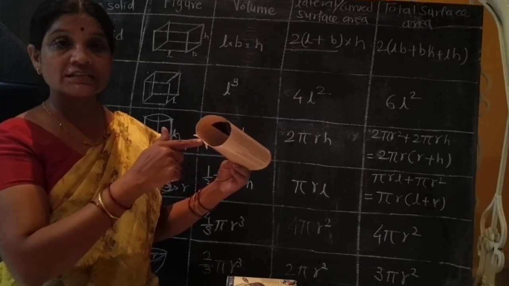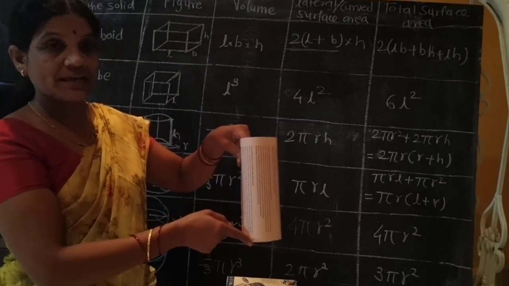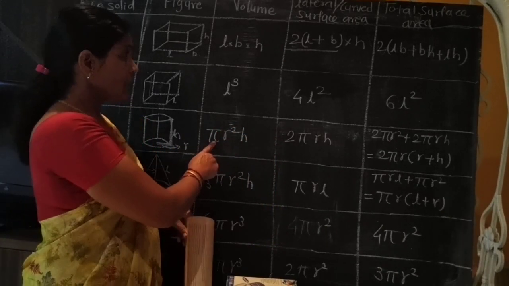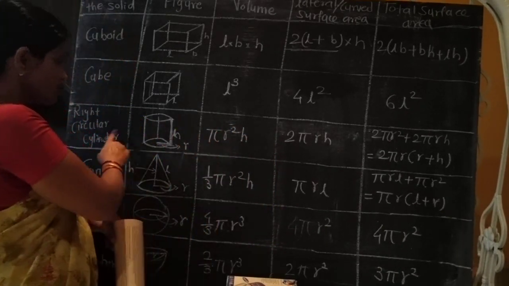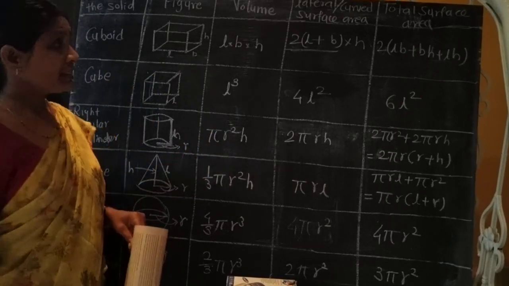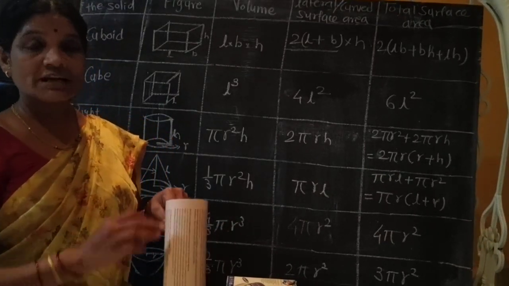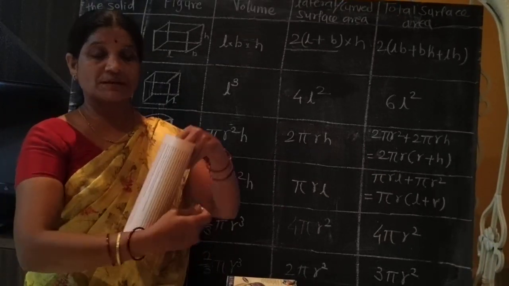Area of circle is pi r square and its height is denoted by h, and that's why volume of right circular cylinder is pi r square h. Then curved surface area. It does not have lateral only, it has curved surface area.